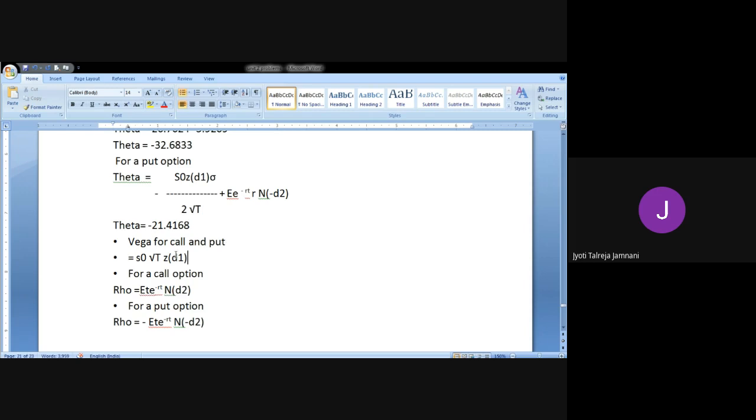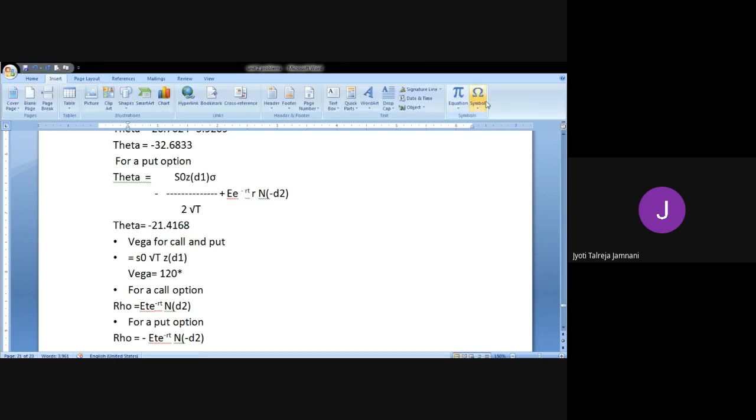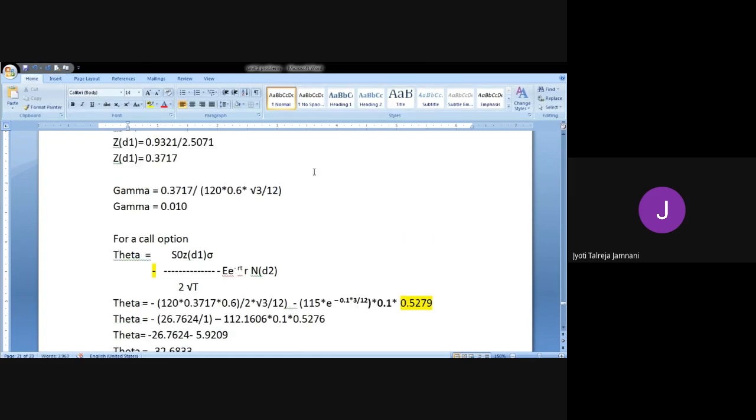Now let's do Vega. Vega for a call or a put option has the same formula. So Vega is equal to S naught, that is 120, into square root of T, 3 by 12, into N'(d1). N'(d1) we found above, let's just take it from there, 0.3717.